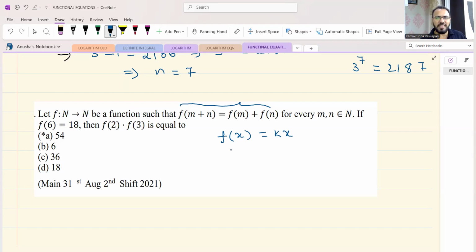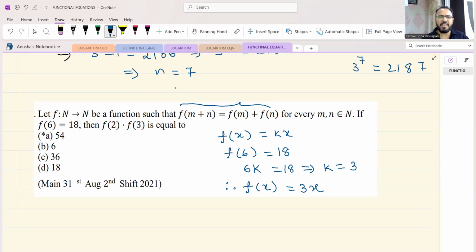They have given the condition that f of 6 equals 18. So 6k equals 18. Nice, we got the solution very directly. K equals 3. So therefore the function satisfying the relation is just 3x.